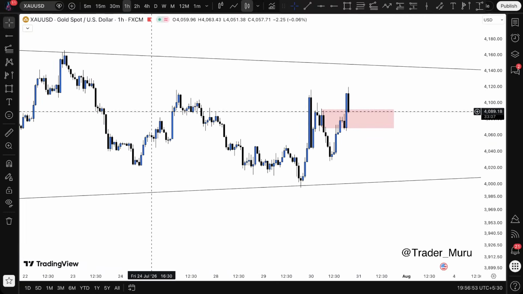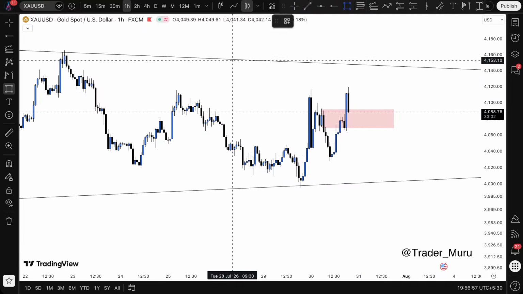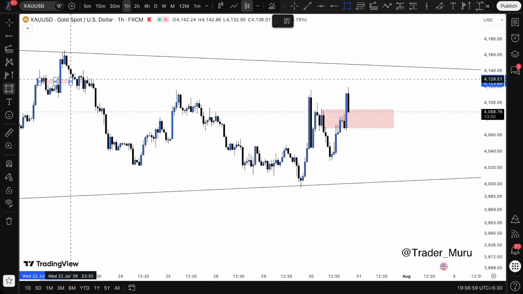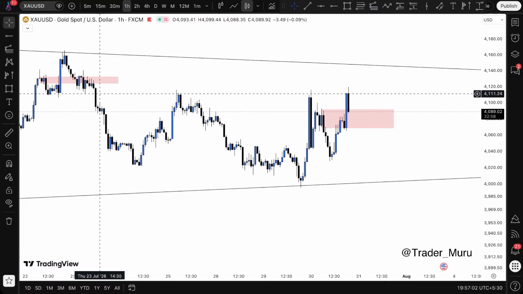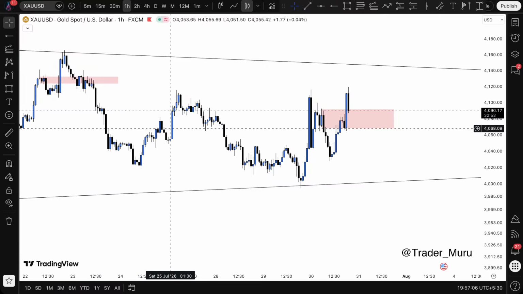We have this kind of pump, same here, but once price breaks below it, it just retests it and starts dropping again.